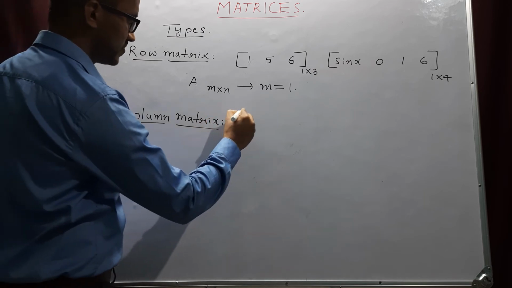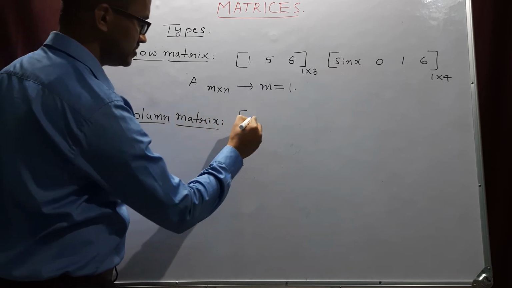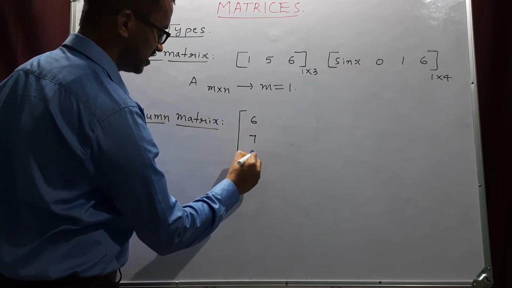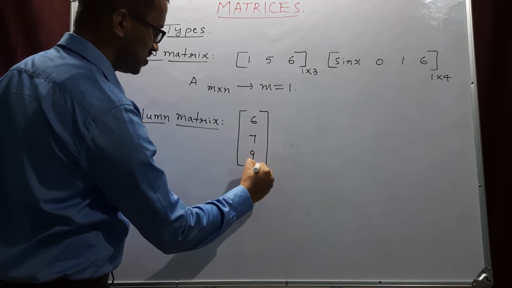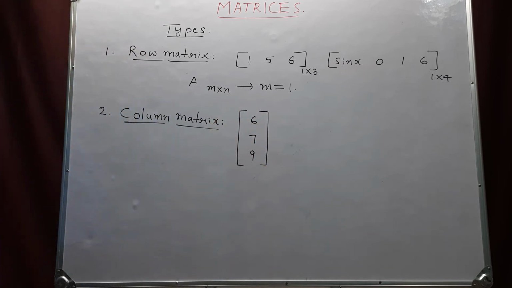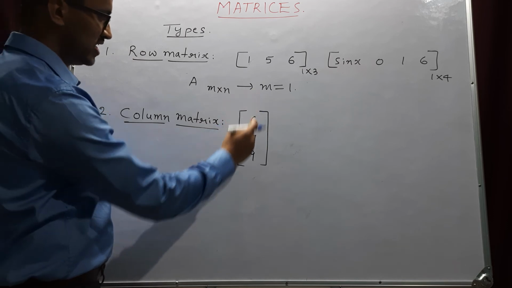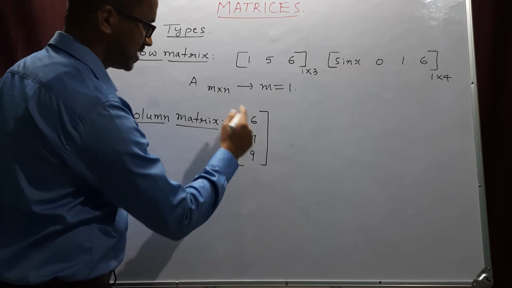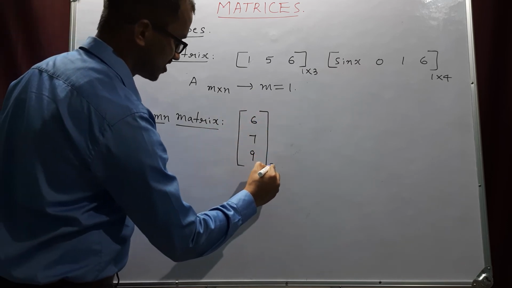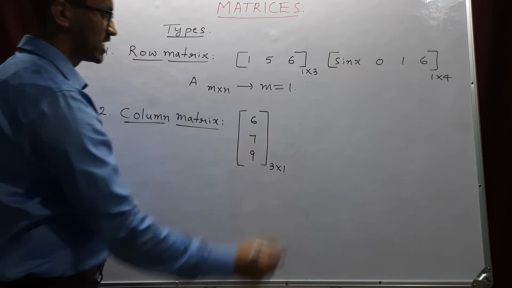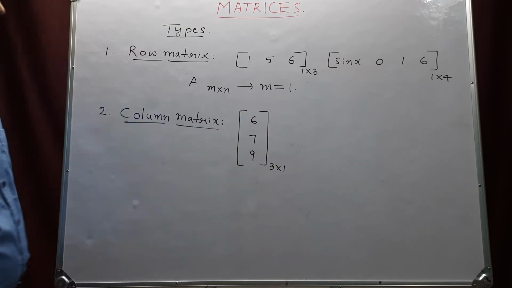See one example: 6, 7, 9. In this matrix, we have only one column but 3 rows. So the order of this matrix is 3 by 1. This is an example of a column matrix.